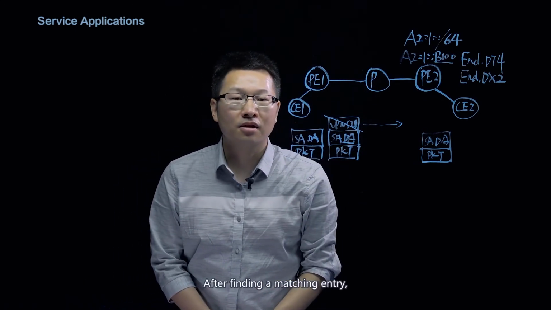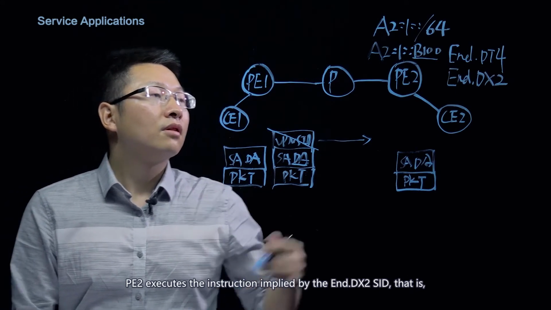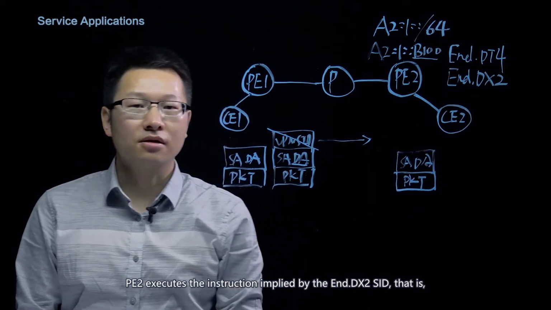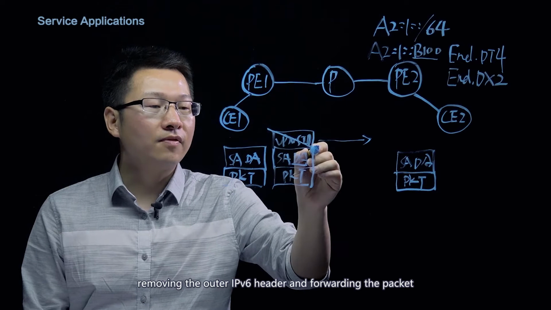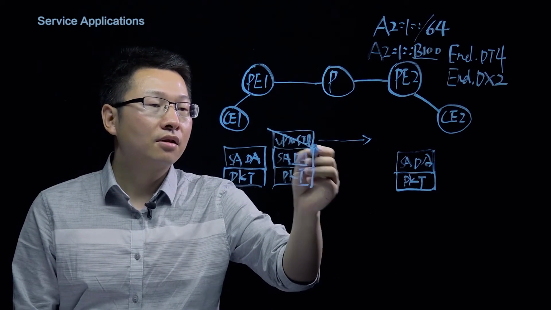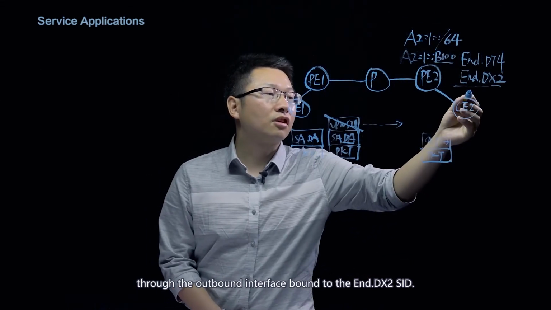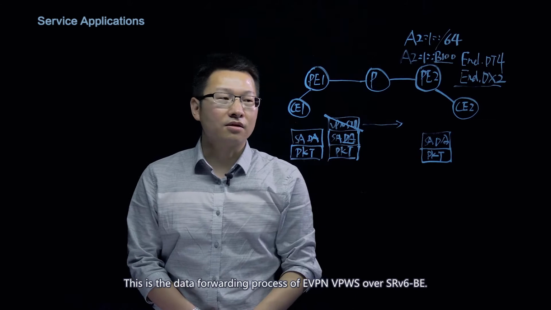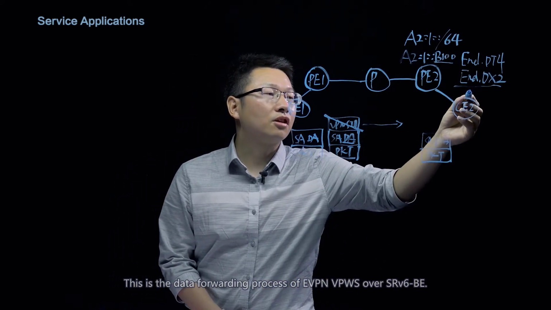After finding a matching entry, PE2 executes the instruction implied by the End.DX2 SID. That is, removing the outer IPv6 header and forwarding the packet through the outbound interface bound to the End.DX2 SID. This is the data forwarding process of EVPN VPWS over SRv6 BE.